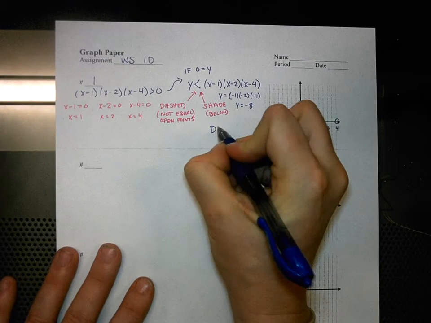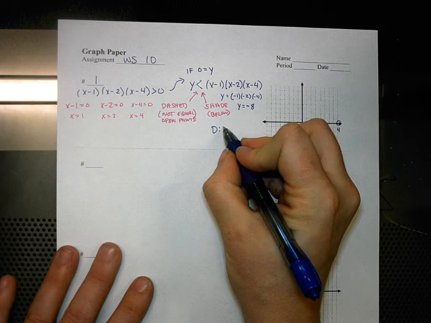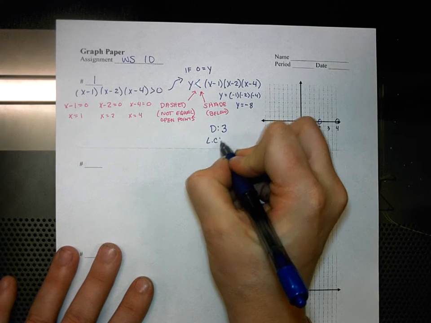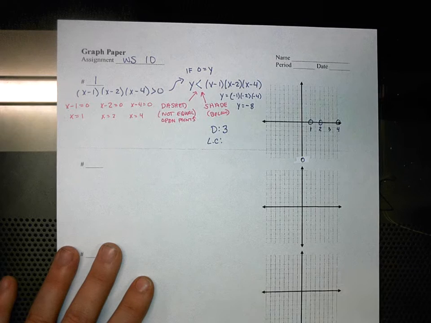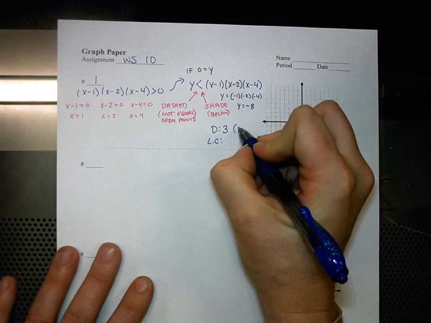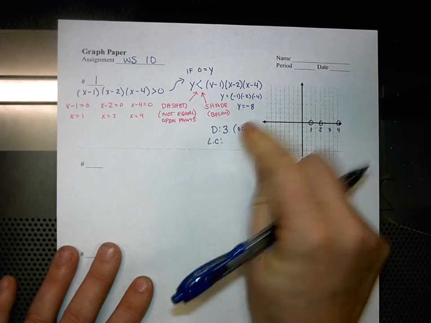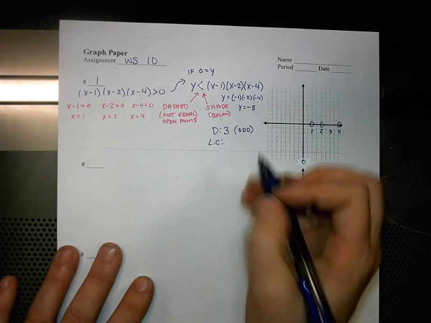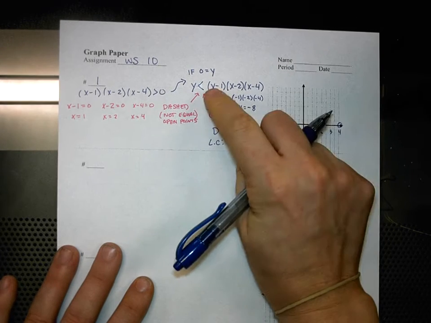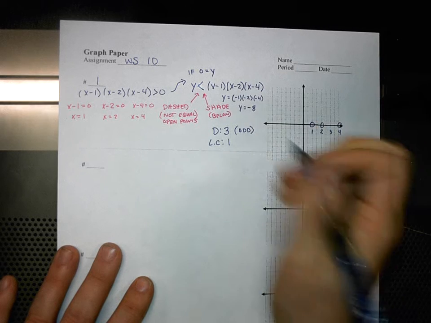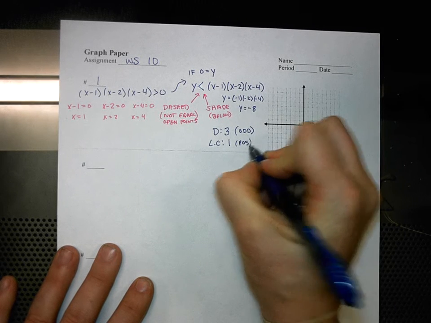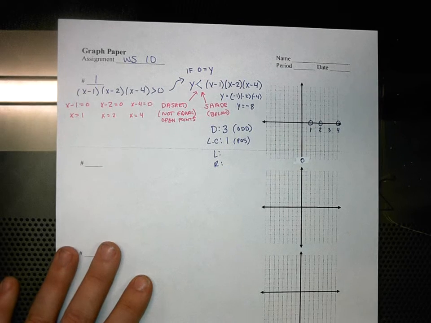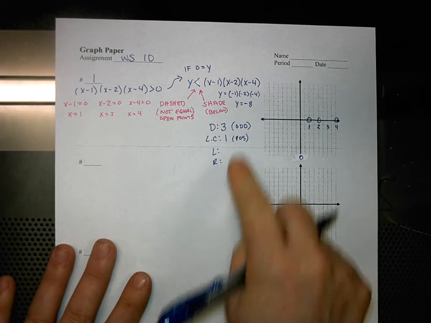What's the degree of this function? 3. So that means my end behavior is going to be opposite because that's an odd function. So that means opposite end behavior. What's my leading coefficient? 1. We do 1 times 1 times 1. That gives us 1, which is positive. Okay, so which end behavior do I find first?